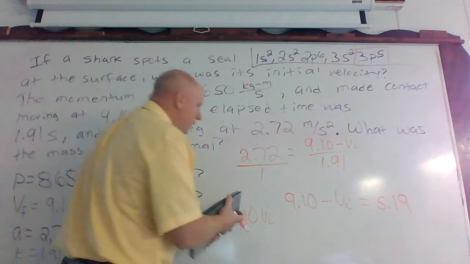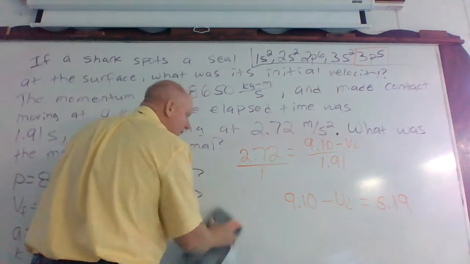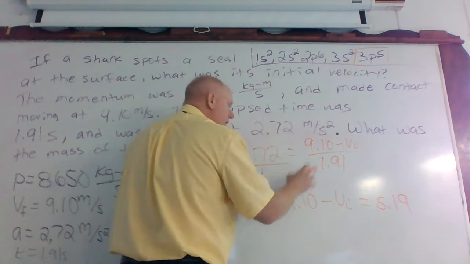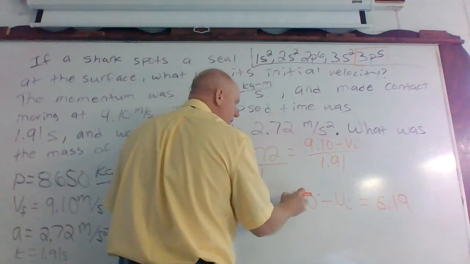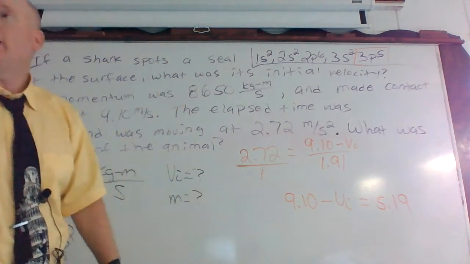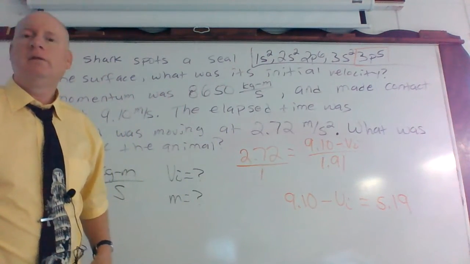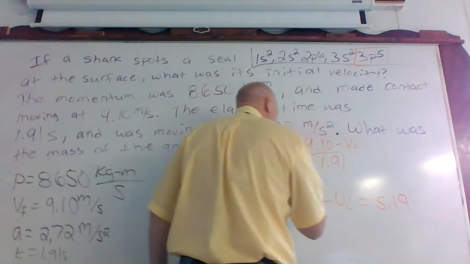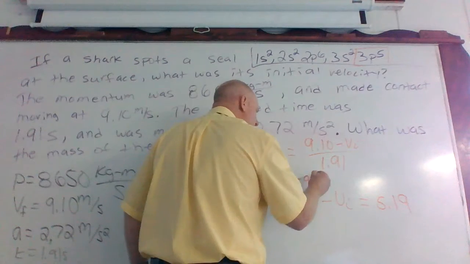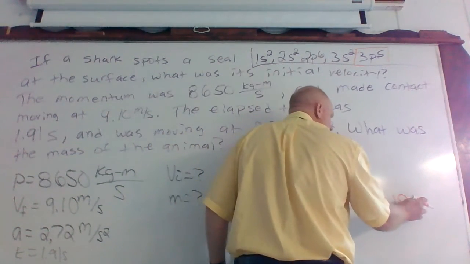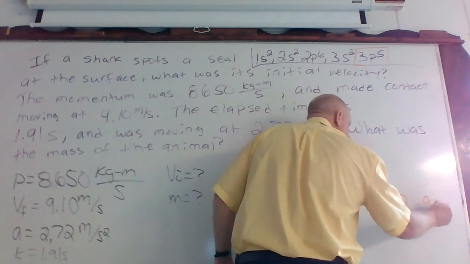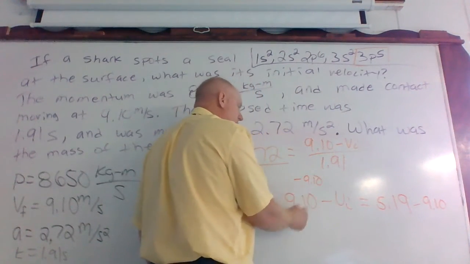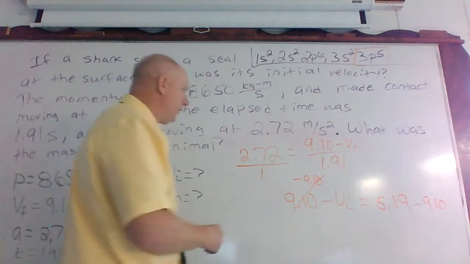If you have this on this side, really this is a positive number, so how do we undo the positive aspect of 9.1? We're going to subtract it from each side. So, if we subtract 9.10, what do we got to do to this side? These two numbers, they're gone because they cancel each other out.